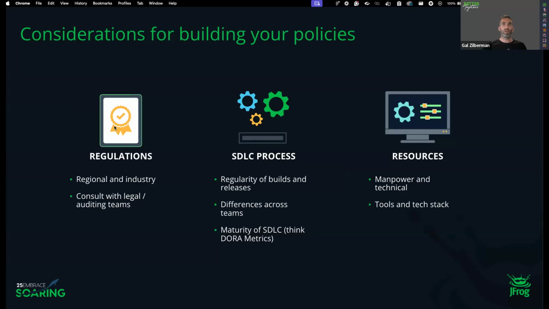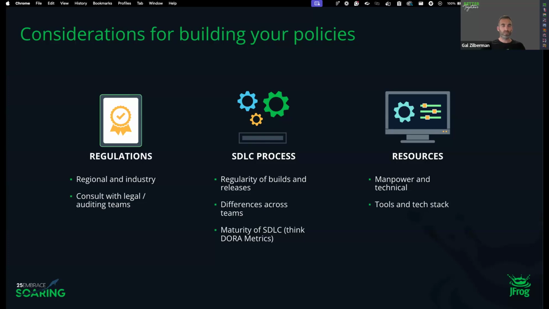When you are creating software retention policies and a strategy, there are three main areas you must consider: the regulations your organization is subject to, your SDLC process and workflows, and the resources available to your organization. Regulations come down to both regional and industry regulations, and they include the ones we highlighted earlier, but even things like the EU's CRA, as an example of a regional framework you may need to follow.